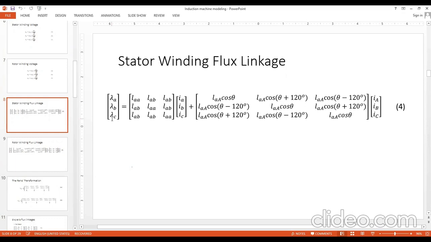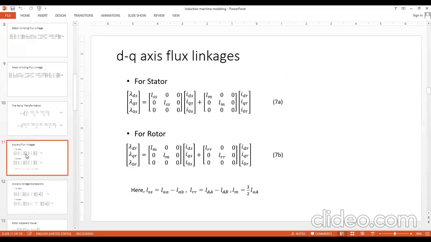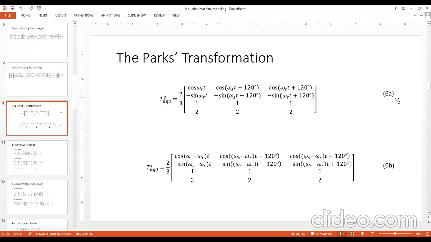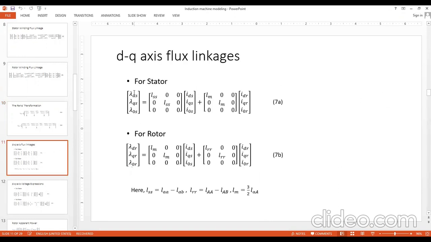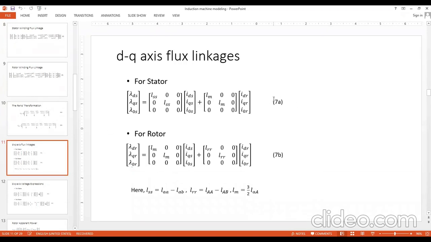We want lambda DQ0. So what to do? Simply apply the park's transformation for the stator, the one given in equation 6a. If we use that, we can easily transform the expression in 4, lambda ABC, to the expression in 7a, which is lambda ds, lambda qs, and lambda 0s.